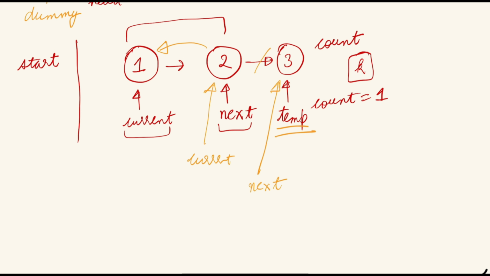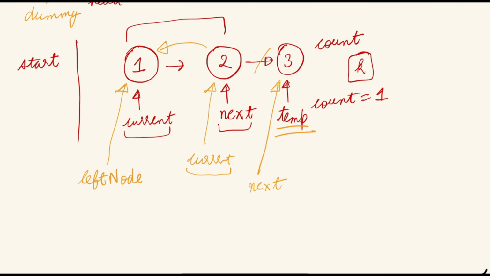Since this current variable is changing and we need the start of every sublist, let's store the start of a sublist in a variable called left node. Why we need to store the start of every sublist is because after we reverse a sublist, we're going to have to update the pointers.